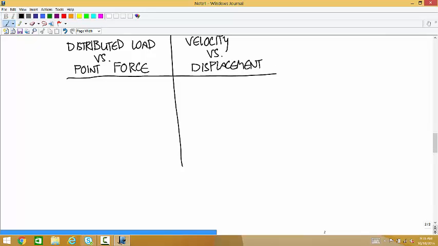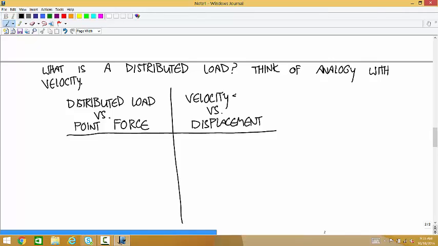And this displacement, think of that as the instant, not the displacement. There's no such thing as instantaneous displacement. This velocity is an instantaneous velocity.